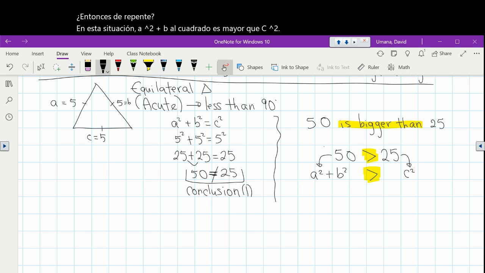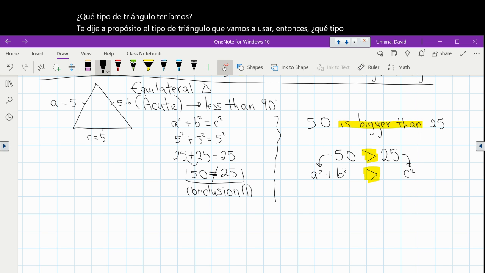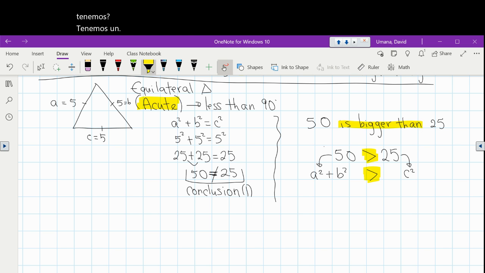And now here's the problem. If it's greater than, because it's not equals, what kind of triangle did we have? I purposely told you the kind of triangle we're going to use. So what kind of triangle do we have? We have an acute triangle.